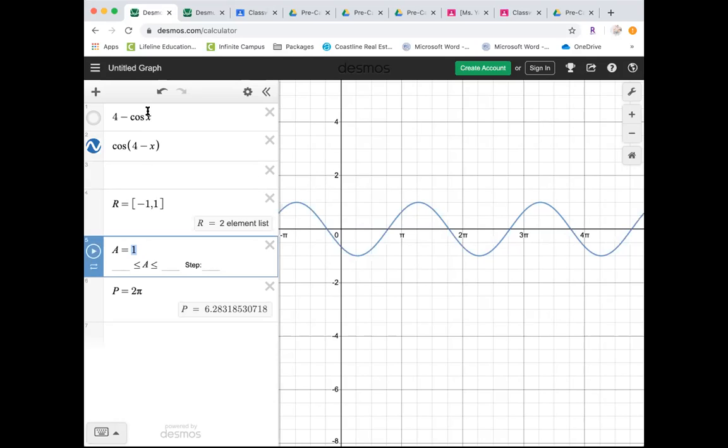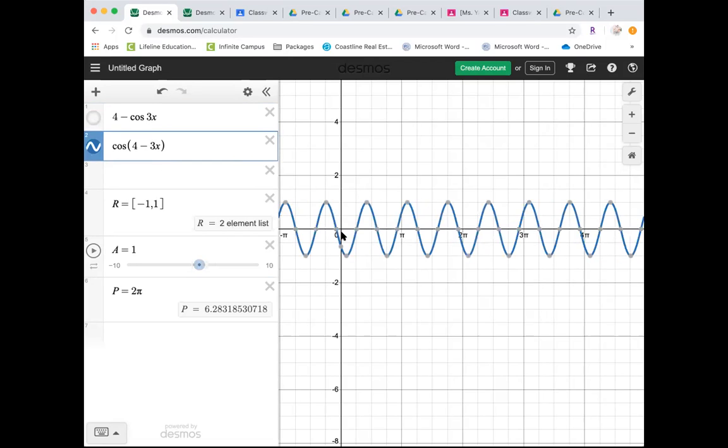Okay. And do we have any numbers multiplying to x in cosine? If not, that means our period is always going to be 2 pi. Unless I put a random number in here like 3.